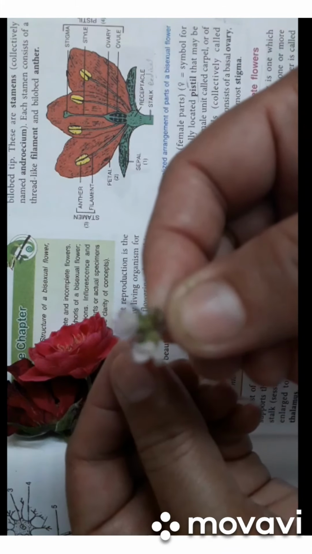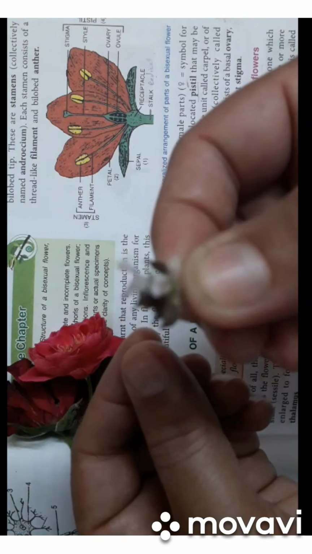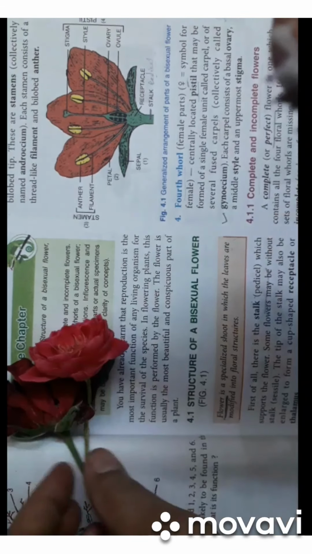These are the flowers of the tulsi plant, the basil plant, or in scientific name we call it Ocimum sanctum. So you can see these flowers are directly born on the main stem. We call these flowers sessile. So learn these two terms, pedicel if the stalk is present, or the flower can be sessile.